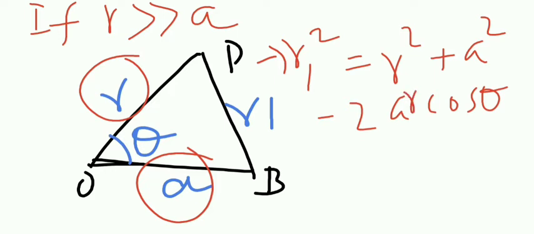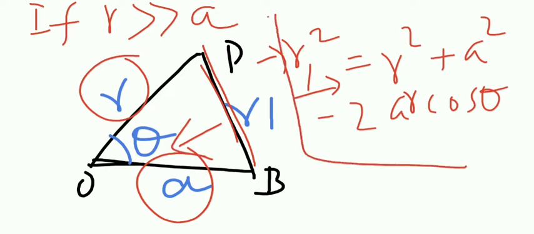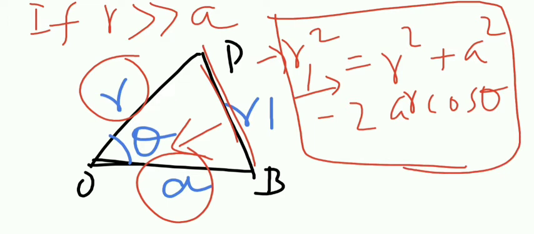Because we know 2AB cos, see which side we have to find: this angle is opposite to R1. This is the R1 side. Opposite to that is angle theta. So that's why R1 squared is equal to R squared plus A squared minus 2RA cos theta, right? So now we find R1 squared.